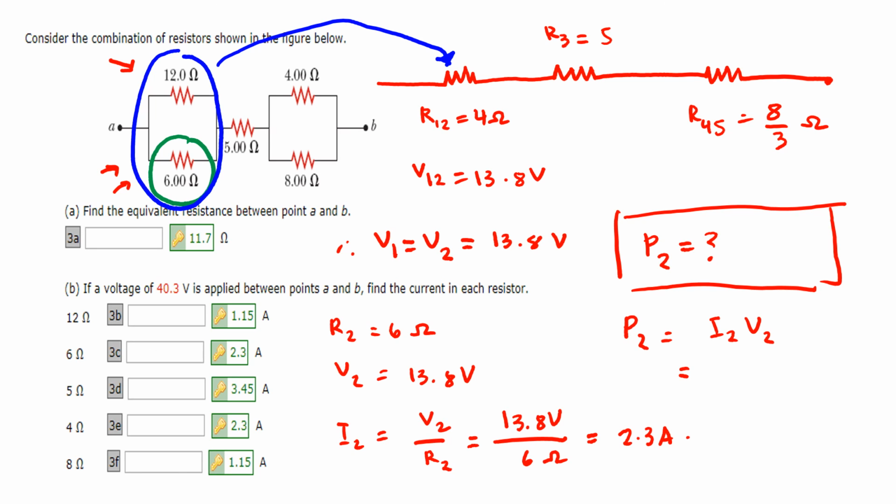And what is our current? Current for the second resistor is 2.3 multiplied by the voltage, which is 13.8 volts. Then P2 would just be equal to 31.74 watts. And that is how we can solve for power.